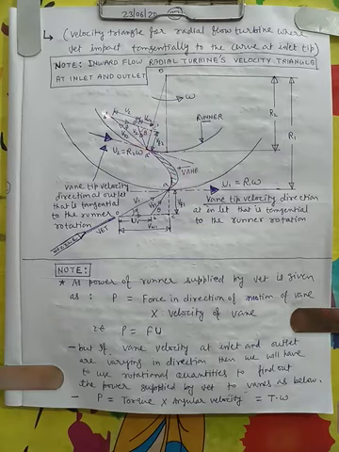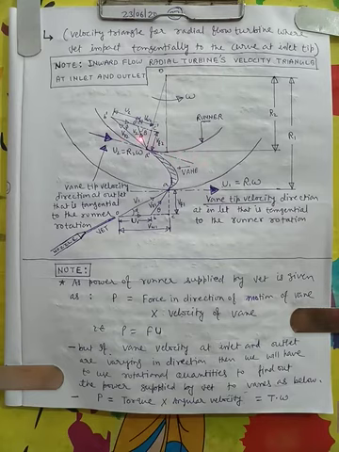And here the direction of VW2 is in this direction. See, this is VR2, this is V2, and as we know, velocity of whirl at outlet is the jet velocity component. This is jet velocity V2, jet velocity component along the vane velocity. This is the direction of vane tip velocity at outlet. So VW2 is the velocity of whirl, that is the component of jet velocity along the vane velocity.